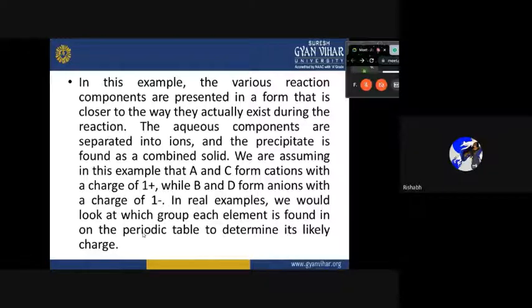But in real life, we have to see their position in the periodic table, whether that particular element is going to become a cation or an anion depending upon their valency. But in this case, we are assuming that A and C are cations and B and D are anions.